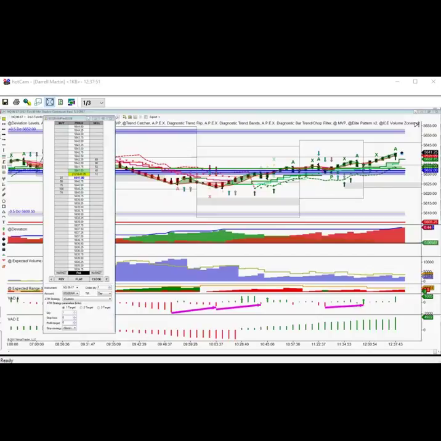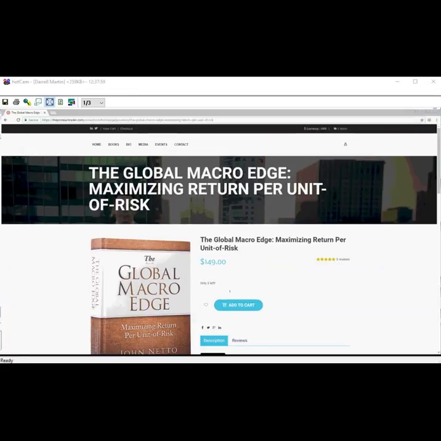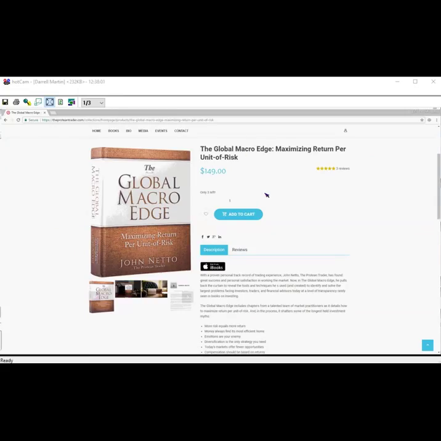Buy this book. Did it paste? There we go. The Protean Trader, I'll show you. Now you can also buy it on iTunes. It's not on Android, unfortunately, because they want like 50% or something like that.